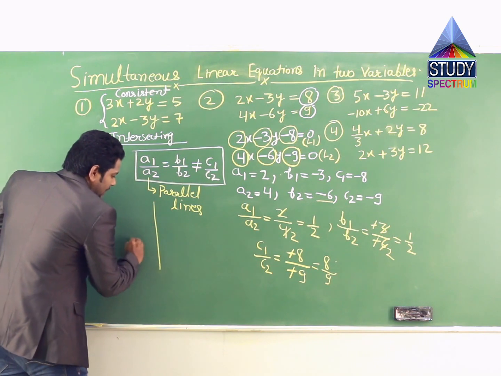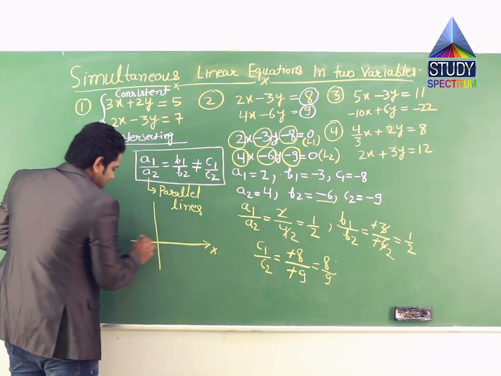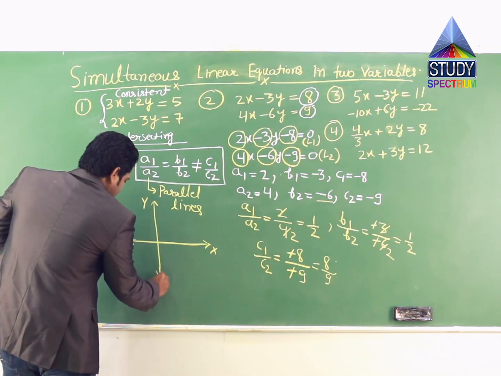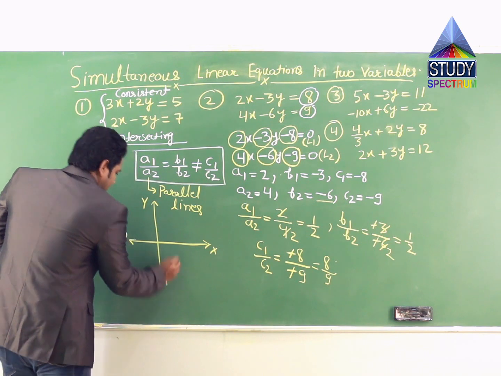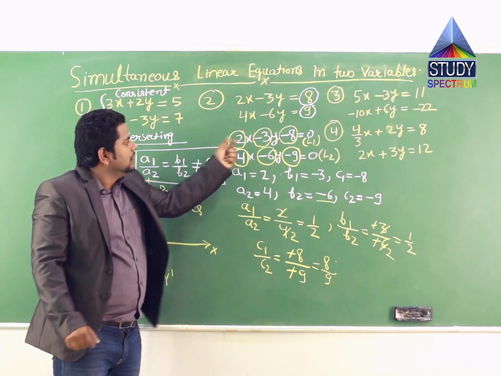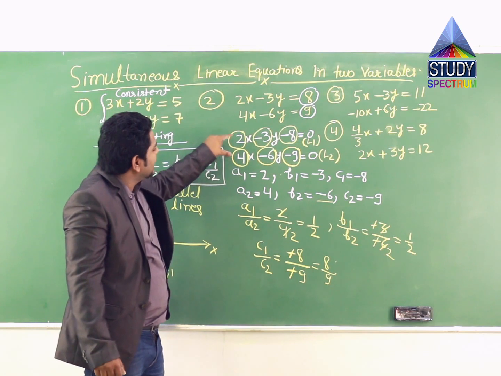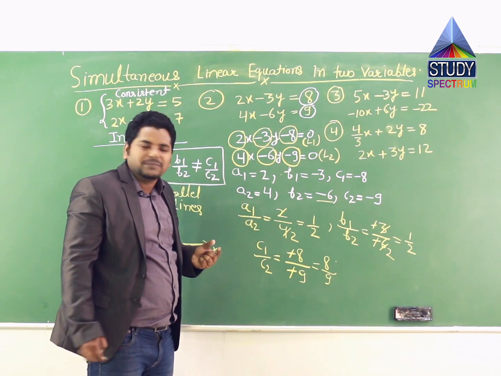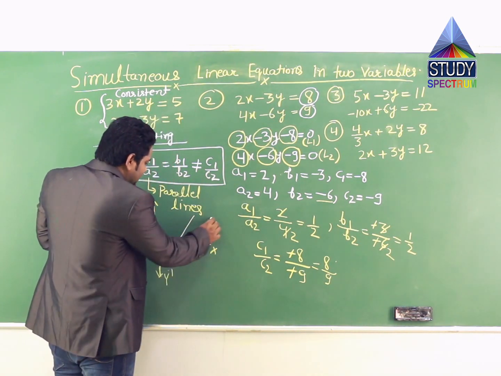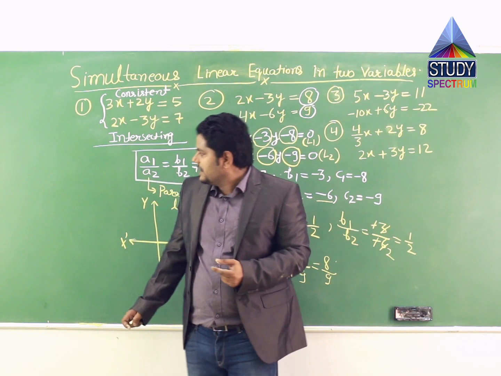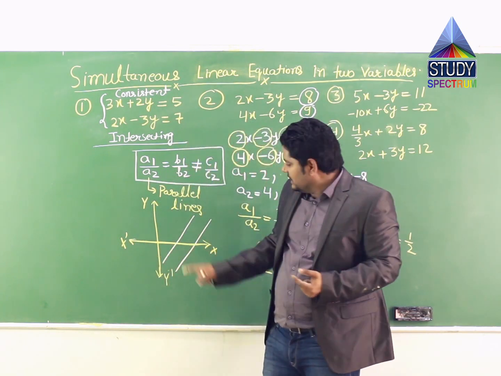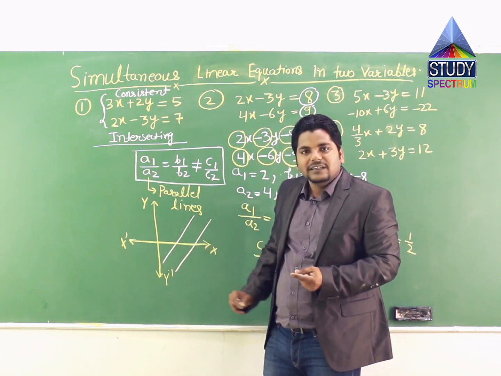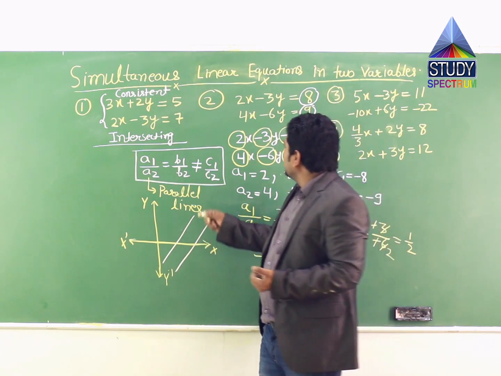So when two lines are parallel to each other, this is x axis, this is x dash, this is y, this is y dash. We are not going to draw an exact scale graph of these straight lines, but we are making you understand that both lines are parallel to each other. It means there is no common point between these two lines. So in this case we'll get no solution.